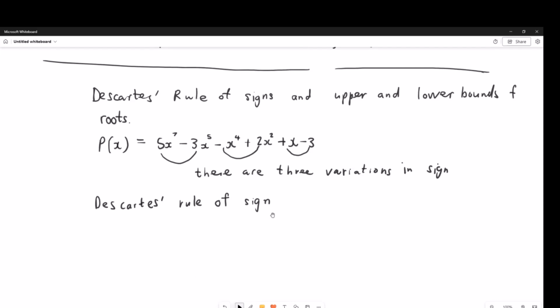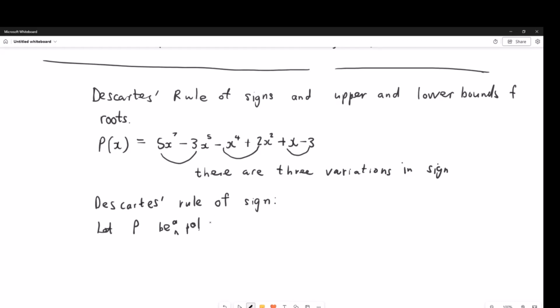So it goes as follows, guys, and then I'll explain it quickly. It says, let P be a polynomial with real coefficients. I don't know why the pen is acting up again.